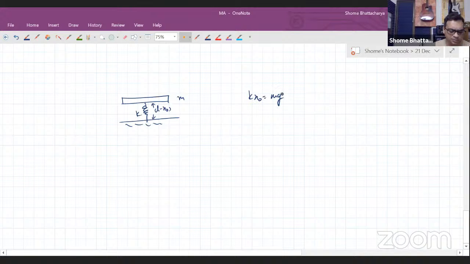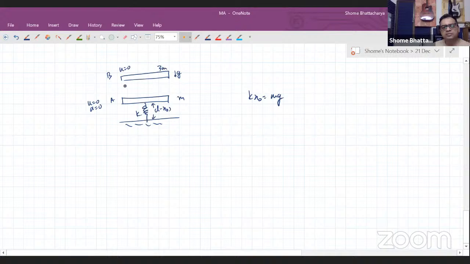Now what is happening is another plate is dropped. Another thin plate of mass 2m is dropped from a height 3x naught above plate A, hits plate A, and moves downwards together with plate A. The second plate B is at rest initially, but starts falling with g.